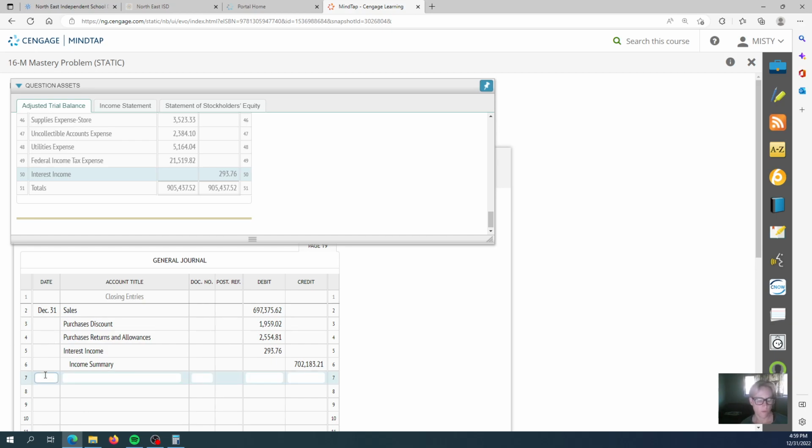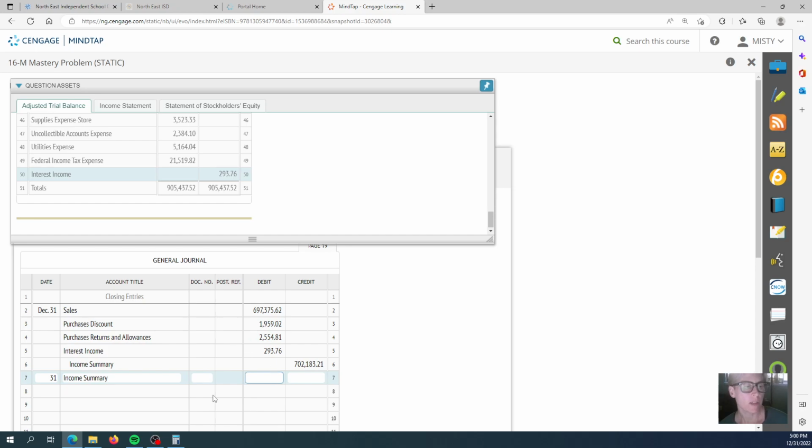Now, let's move on. And we're going to zero out all of our expenses and close them to the income summary. So December, well, we'll just put the 31st here. 31st income summary. Right, we just put an income summary credit. That is a credit, right? So here, we're going to have a debit that's going to go against that credit once we put everything into the income summary.